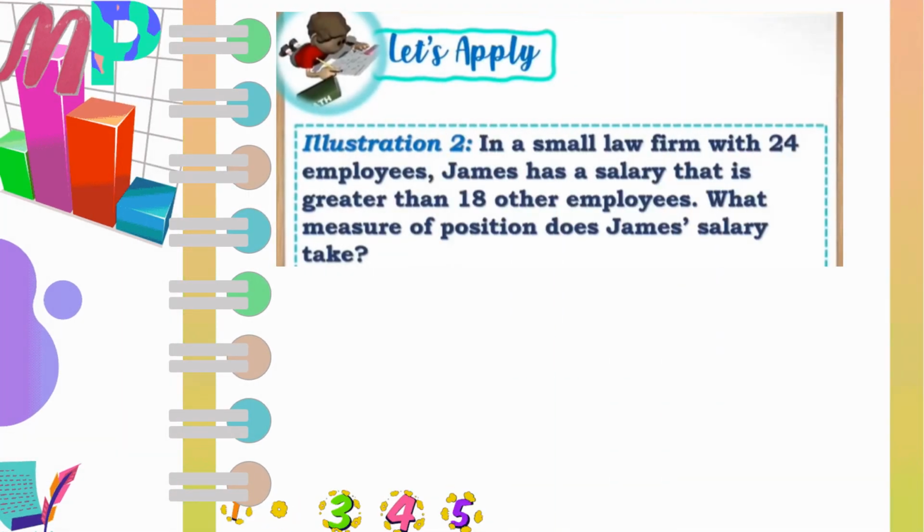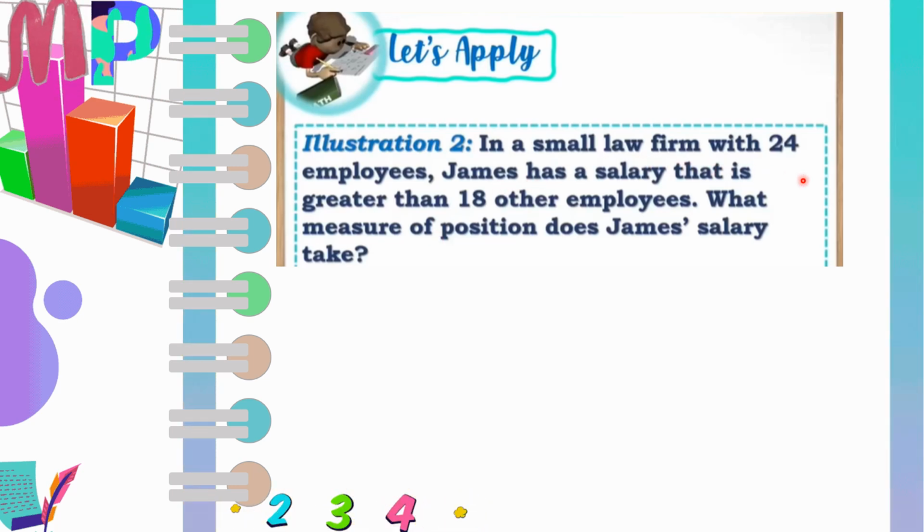For the second illustration, in a small law firm with 24 employees, James has a salary that is greater than 18 other employees. What measure of position does James' salary take?